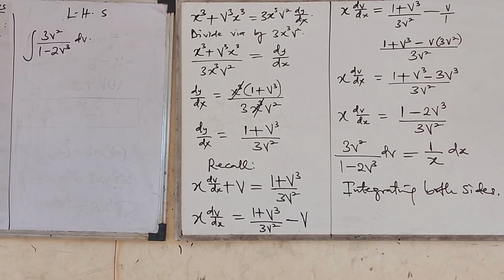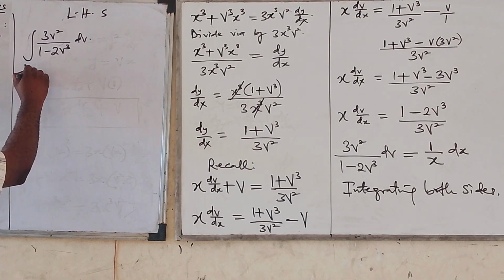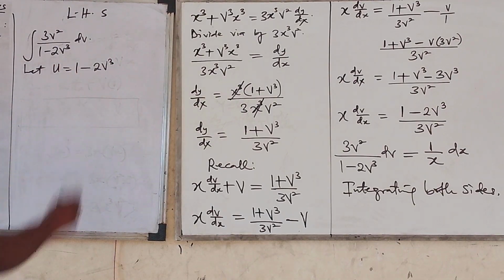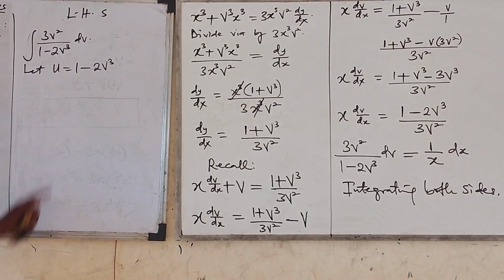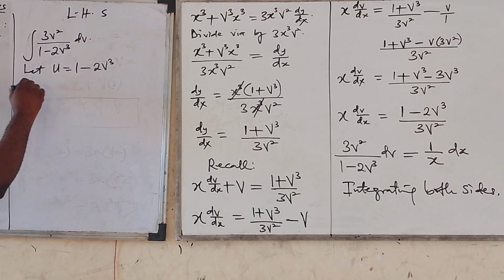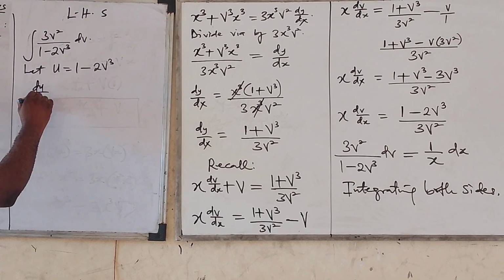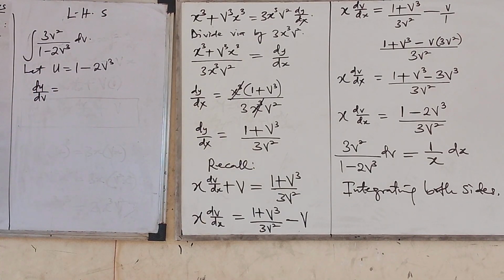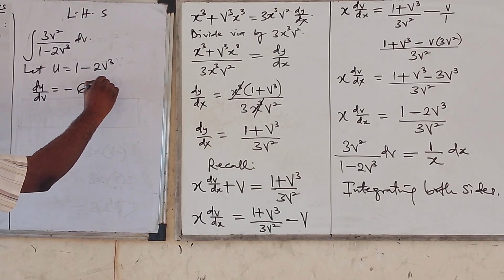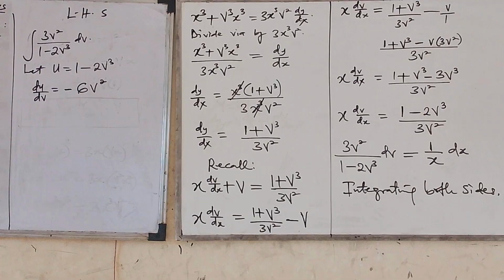Yes, so to integrate this, let u be equal to 1 minus 2v raised to the power of 3. So it means du all over dv will be minus 6v raised to the power of 2.